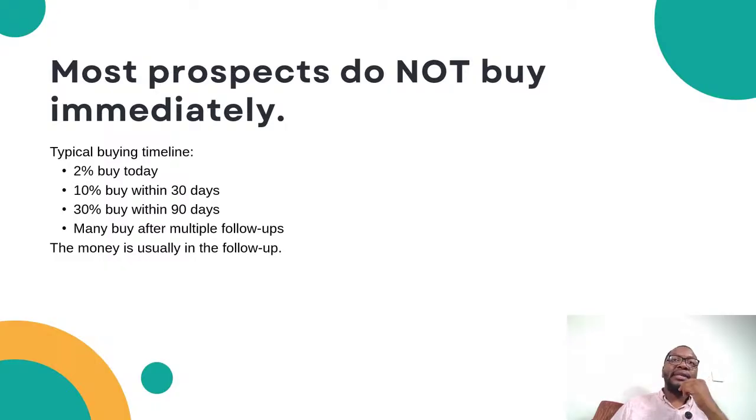So 10% will have a decision-making process on their side, and it will take them time. 30% will probably buy within the first 90 days. However, many buy after multiple follow-ups. So only 2% will buy upon the first conversation, and about 40% will have bought by the end of 90 days.